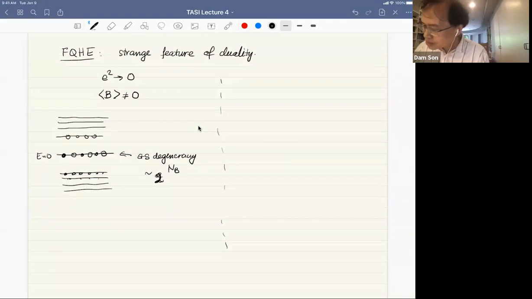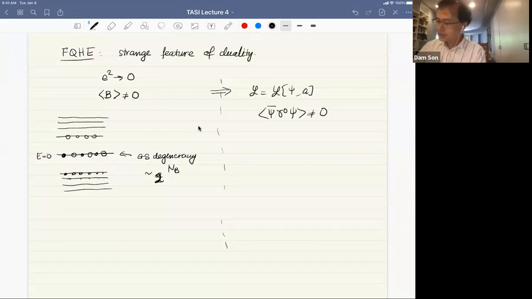But that means that if we map to this theory, where we have fermions coupled to a gauge field, the statement would be that at non-zero density the system has exponential degeneracy.